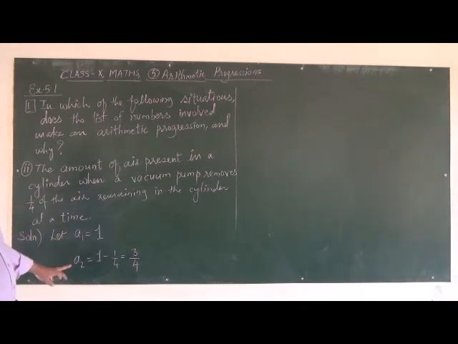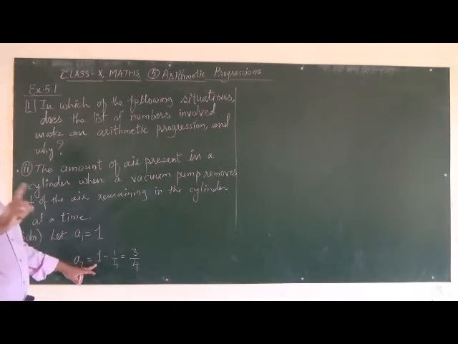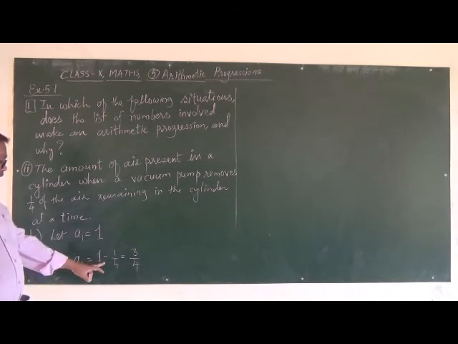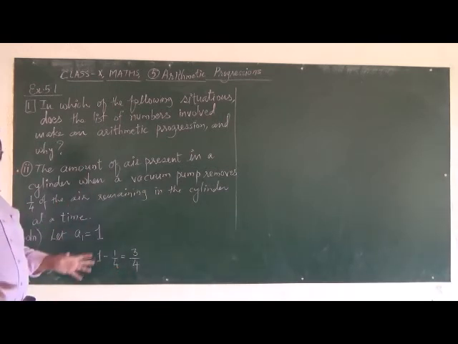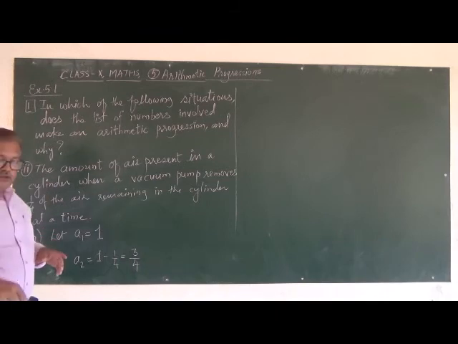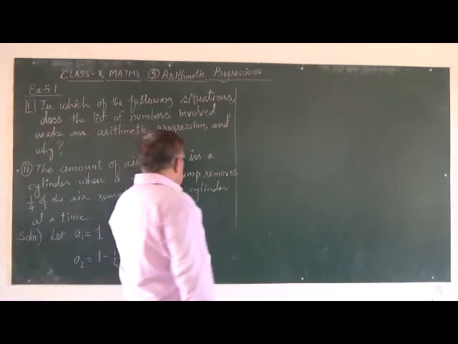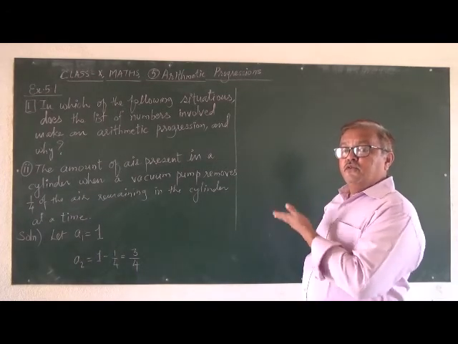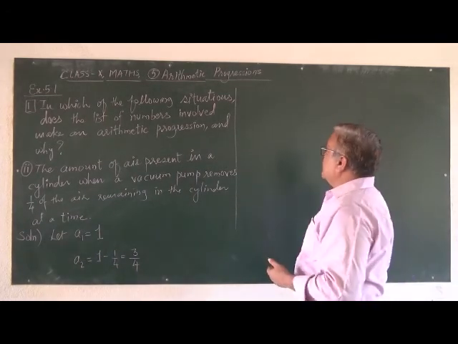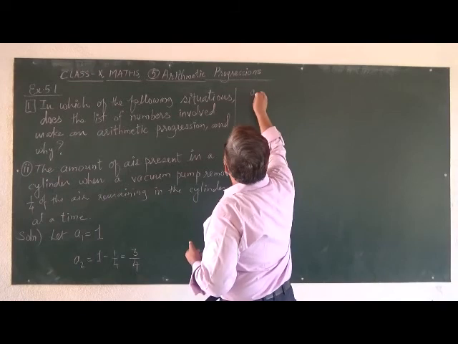So what will be our second term A2? The cylinder is totally filled, so 1 minus 1/4 of the air will be removed by the vacuum pump. So 1 minus 1/4 is 3/4. Now 3/4 air is present. Now how will we find the third term A3?